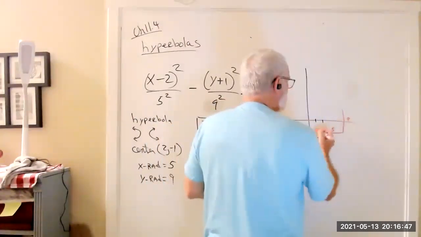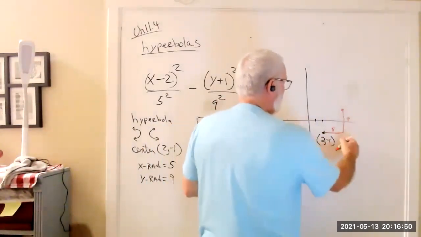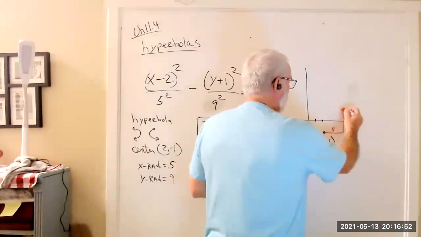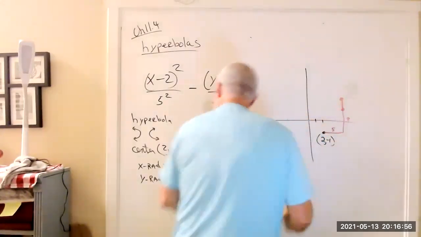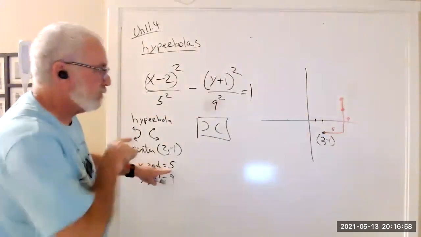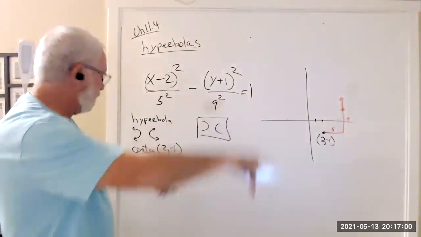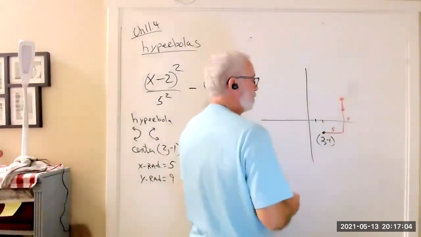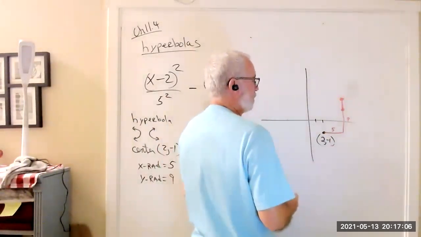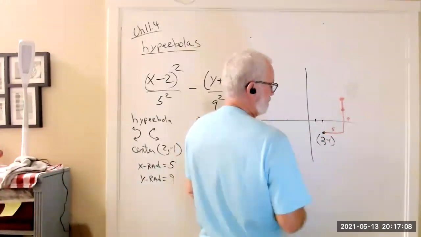So whatever this point is, if I go over 5, up 9, where is this point? Actually, 9 is up here higher. If I go to the right 5 and up 9, where is this new point? 7, 8.